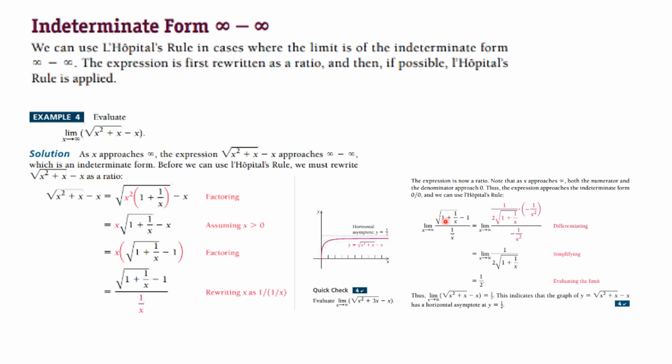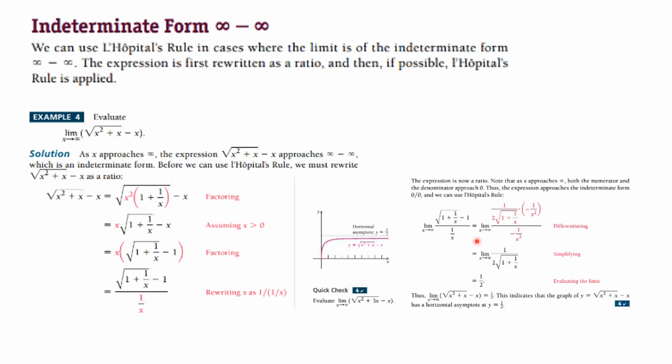So the derivative of this one is going to be 1/2 the quantity 1 plus 1 over x whole to the minus 1/2 times the derivative of what's inside. Well, the derivative of 1 is going to be 0, and this is going to be x to the minus 1, which is minus 1 over x squared. So you see, I get this is 1/2, 1 plus 1 over x to the minus 1/2 times the derivative of what's inside the radical. That is minus 1 over x squared.